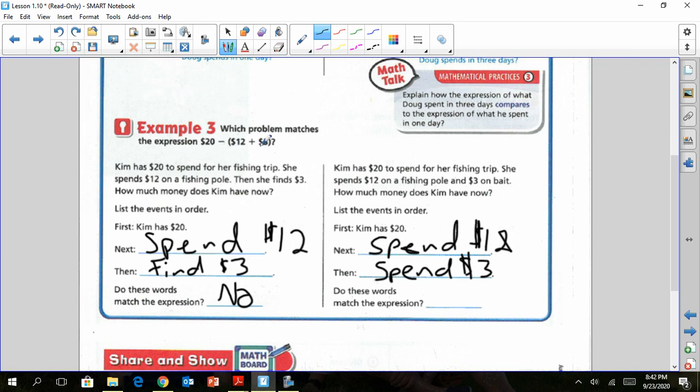So treat the parentheses like a receipt that you would get from the grocery store. Everything that you spent adds up. So here we spent $12 and then we spent $3 more. Well, we spent 15, 12 plus 3, which is what the expression says here. At the end, we had $20 and we subtract that money from that. So yes, this story problem matches our original expression.